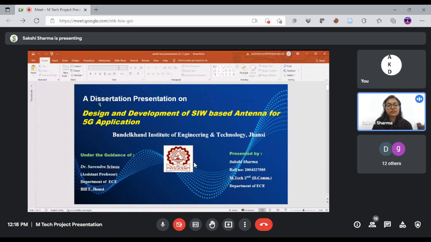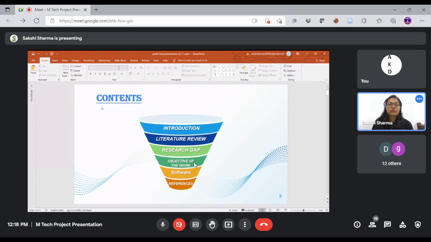The topic of my dissertation presentation is design and development of SIW-based antenna for 5G applications. These are the main focusing points of my presentation: introduction, literature review, research gap, objective of work, software used, and references.